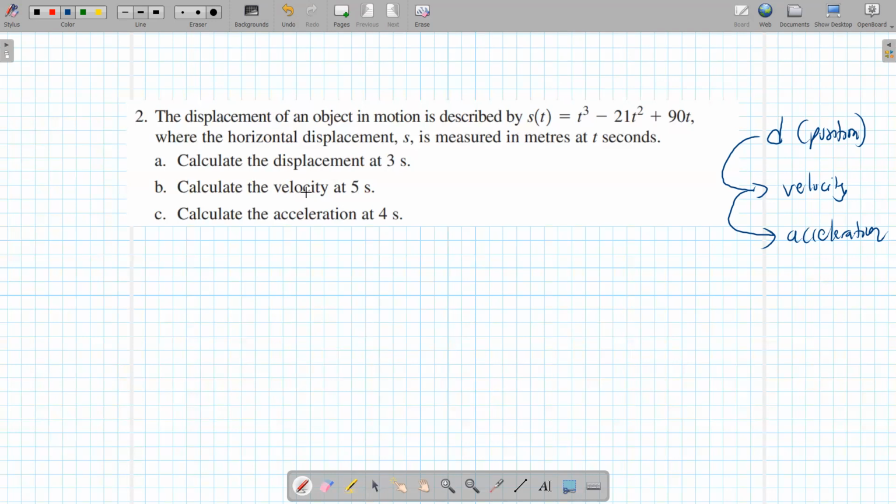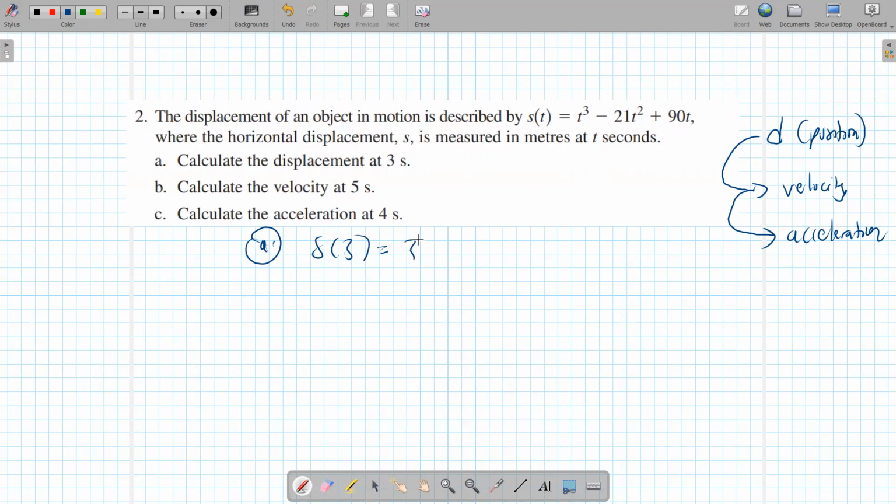Okay, so here, let's look at this question. They've given us some position equation. Cubic equation. Calculate the displacement at 3 seconds. What do we do? Do we need to find the derivative for A? No, you don't. All you do is you find S of 3.